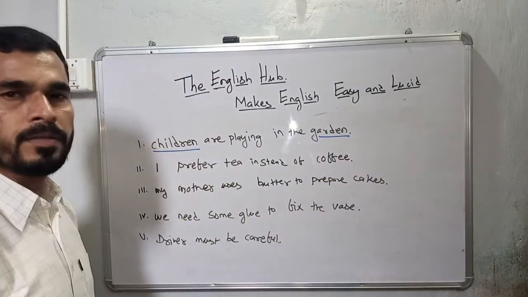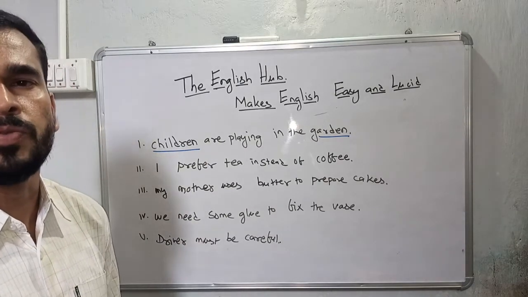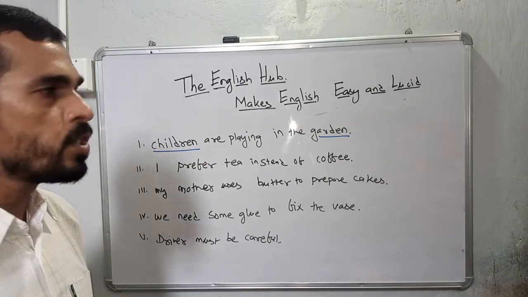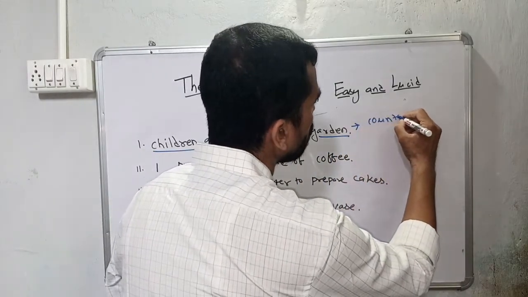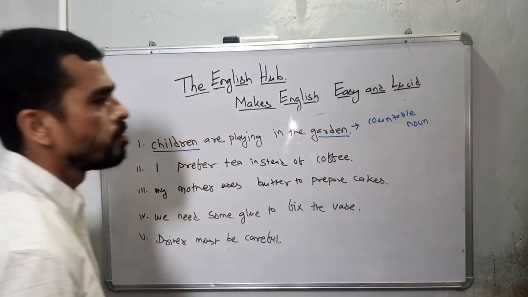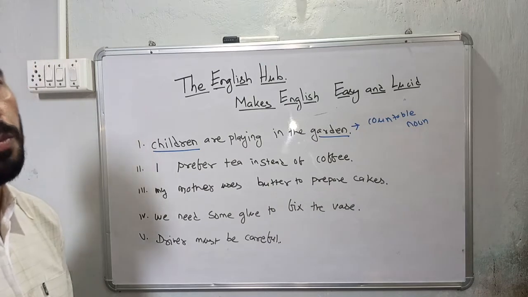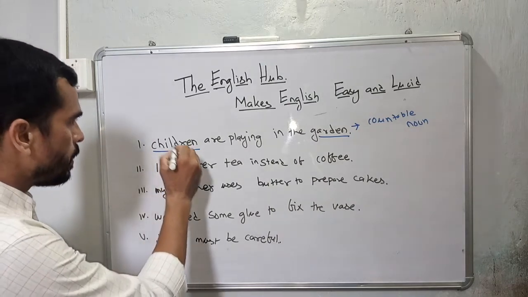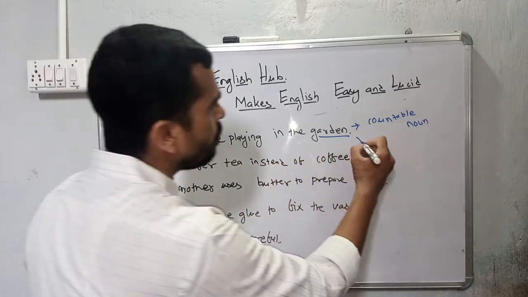So what do you think? Whether these are countable nouns or uncountable nouns? Both are countable nouns, because we can have the plural form of both. Children is the plural form of child and garden can be gardens.